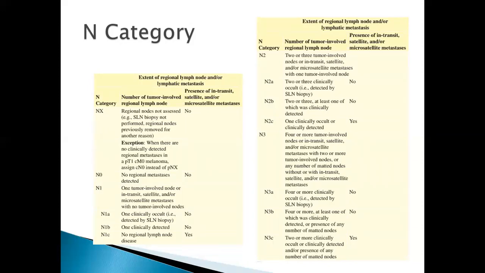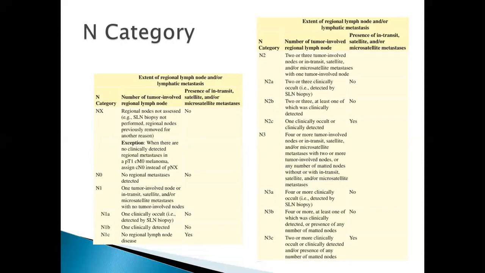So when you see the term clinically occult, that means that the patient's lymph nodes were clinically negative, but when the lymph node or nodes were removed and viewed under the microscope by the pathologist, there was cancer identified within the lymph node or lymph nodes.